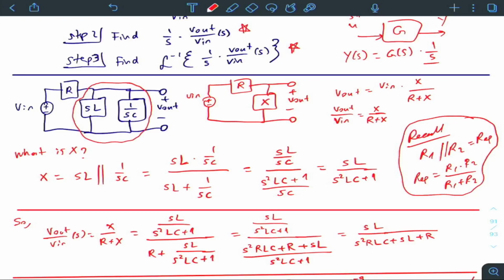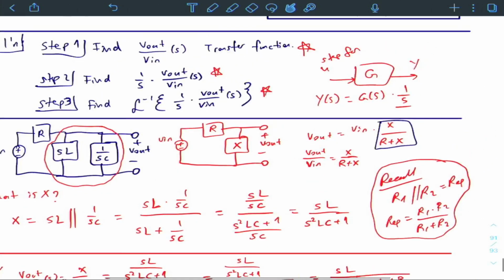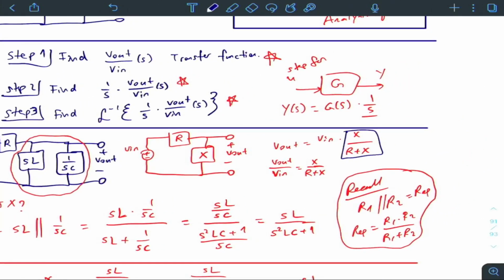This is the X expression, and then here we can see X over R plus X. Okay, this is basic, right? Let me remind you: V in and V out, R1, R2.